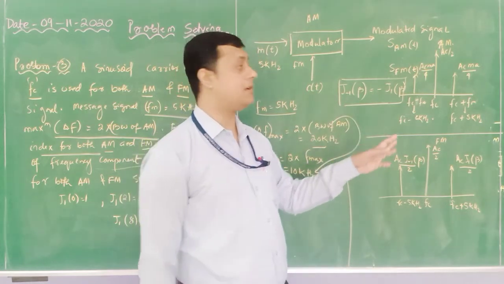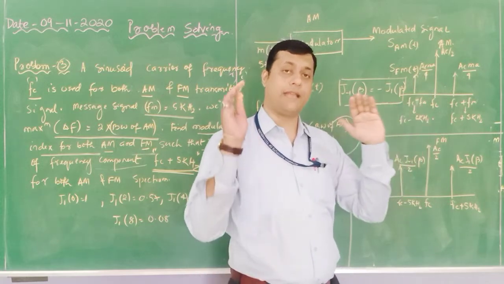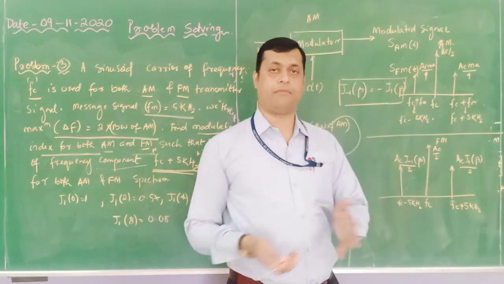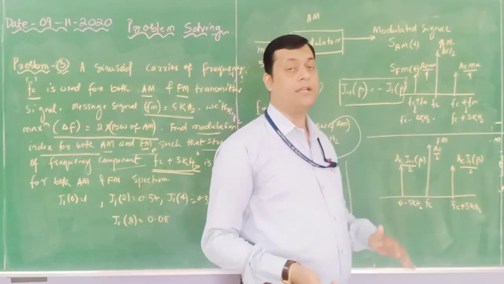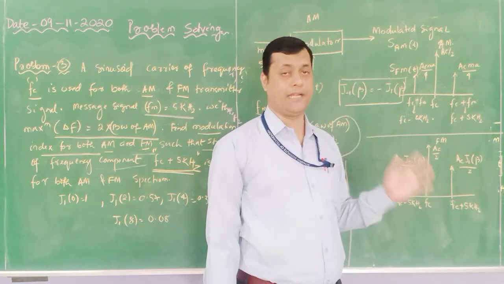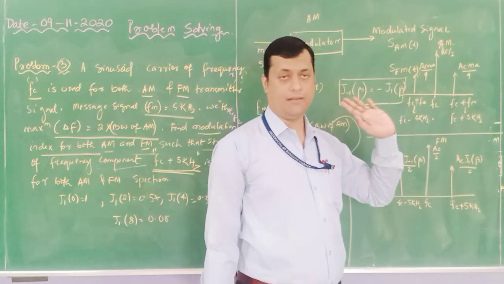In the AM spectrum, the amplitudes of the upper sideband and lower sideband are the same, meaning positive. But when we are dealing with NBFM or WBFM, the amplitude of this spectrum will go down. That means odd-numbered frequency components are negative on the left-hand side and positive on the right-hand side.